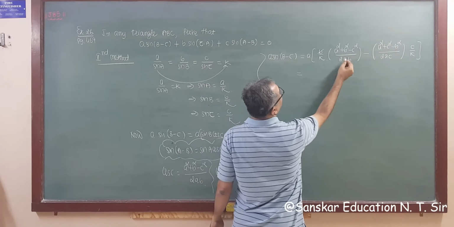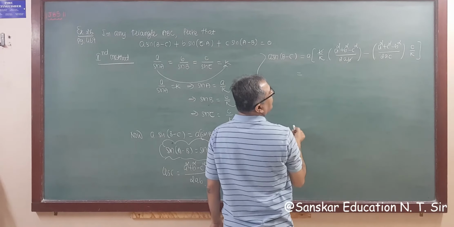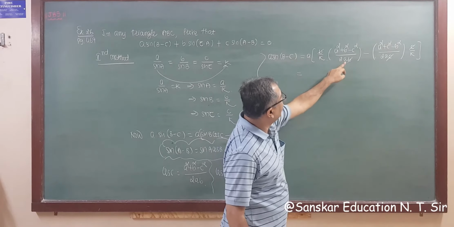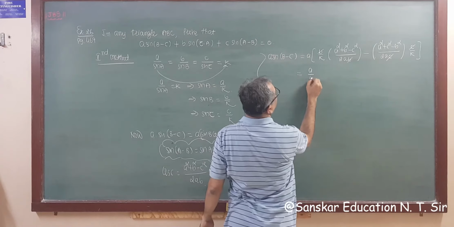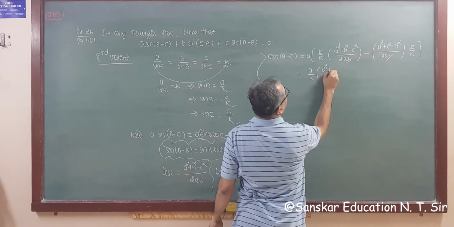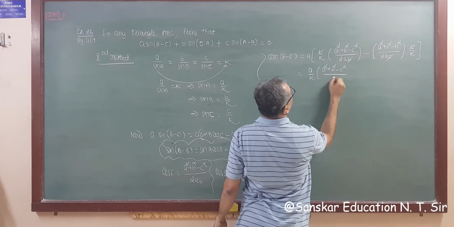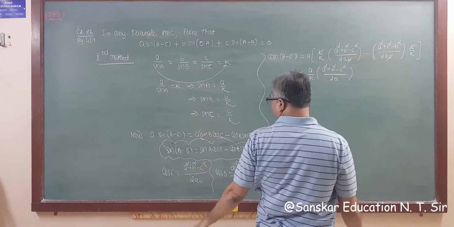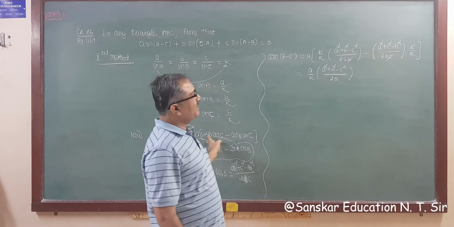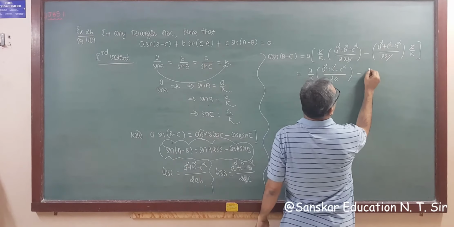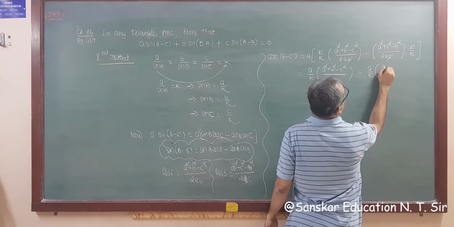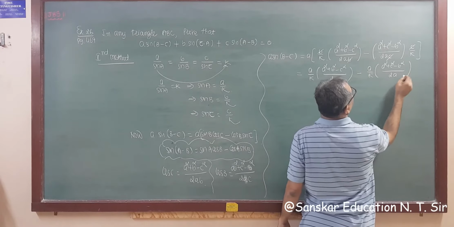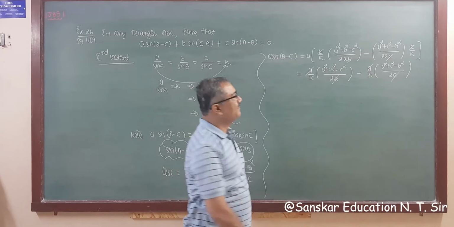So this B cancels, right? Here C will be cancelled, and if we multiply A, then this will be A upon K into A square plus B square minus C square upon twice A. If you multiply A here also, because A is outside the full bracket, so minus A upon K into A square plus C square minus B square upon twice A. So this A cancels, right?